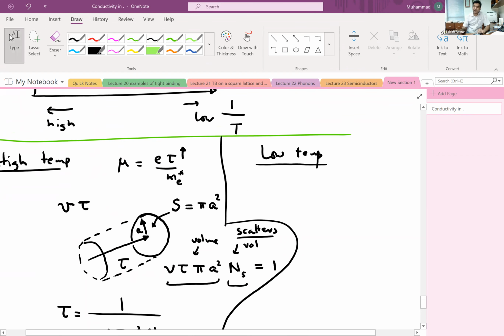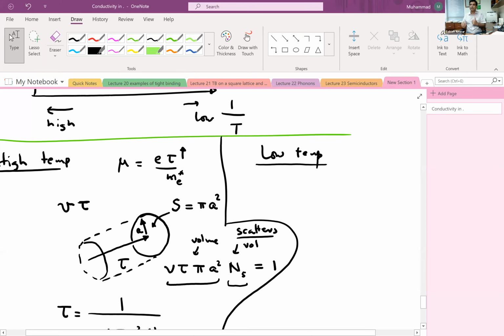Let's look at the other limit, the low temperature limit. In the low temperature limit, the ions are not vibrating with a large enough amplitude. The ions are mostly immobile, or their amplitude of oscillation is really small.